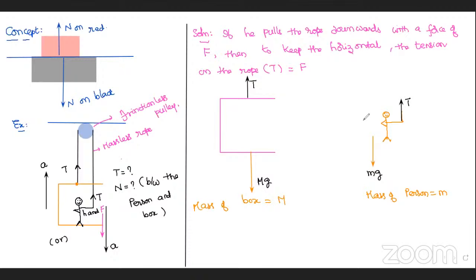Who is above the other? Is the box on the person or the person on the box? The man is on the box. Okay, very good. So here the man is on the box.